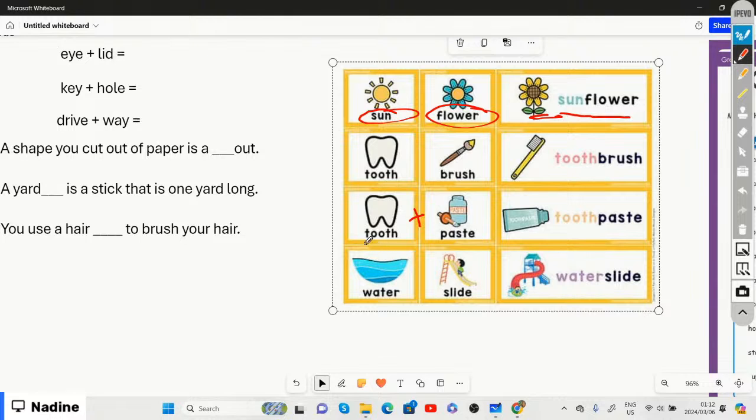What is tooth plus paste? What does that mean if we put the two words together? Tooth plus paste, and we get our answer, which is toothpaste.